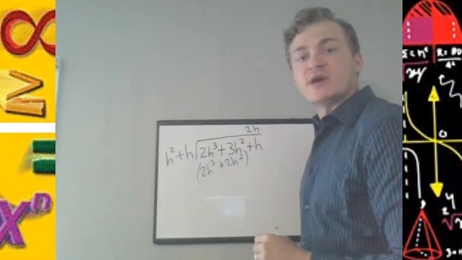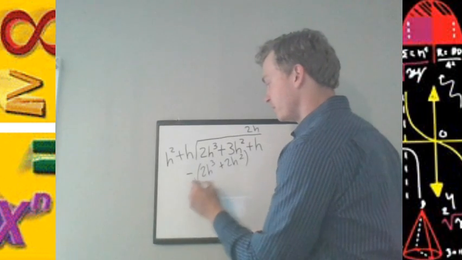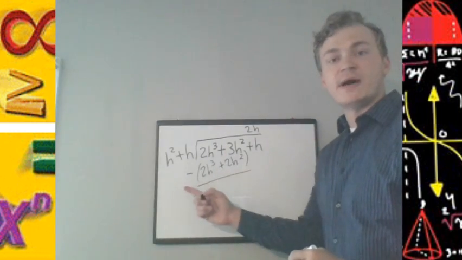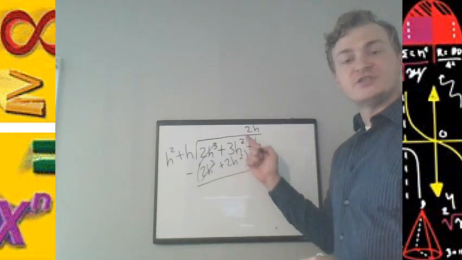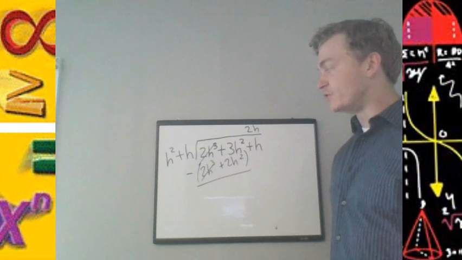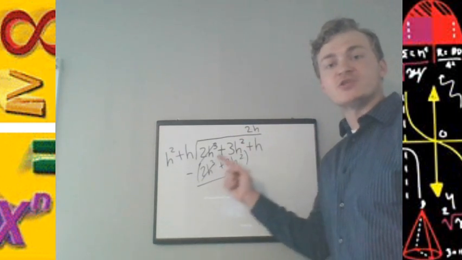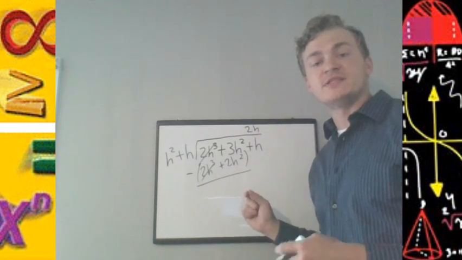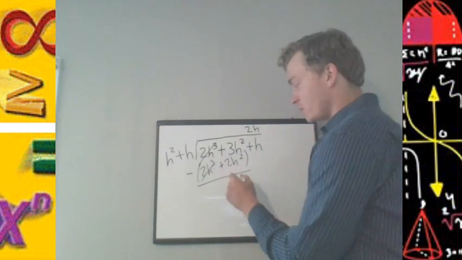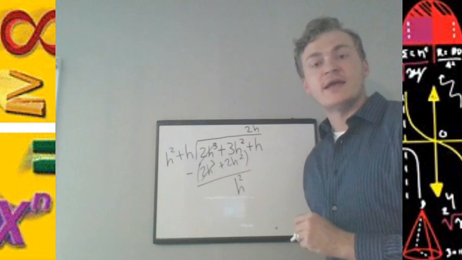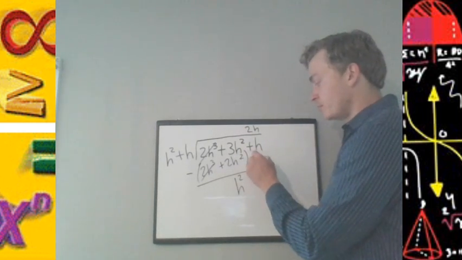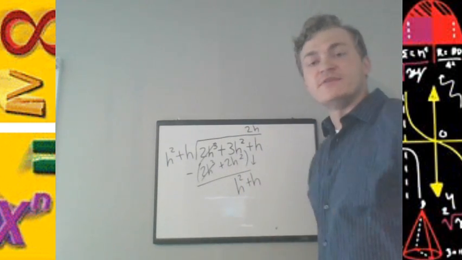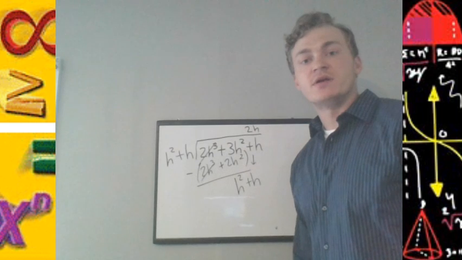Division is repeated subtraction, so we subtract to find a remainder. 2h cubed minus 2h cubed is 0, so they cancel. 3h squared minus a positive 2h squared is 1h squared, or simply h squared. Bring down the remaining term to give us a remainder of h squared plus h.